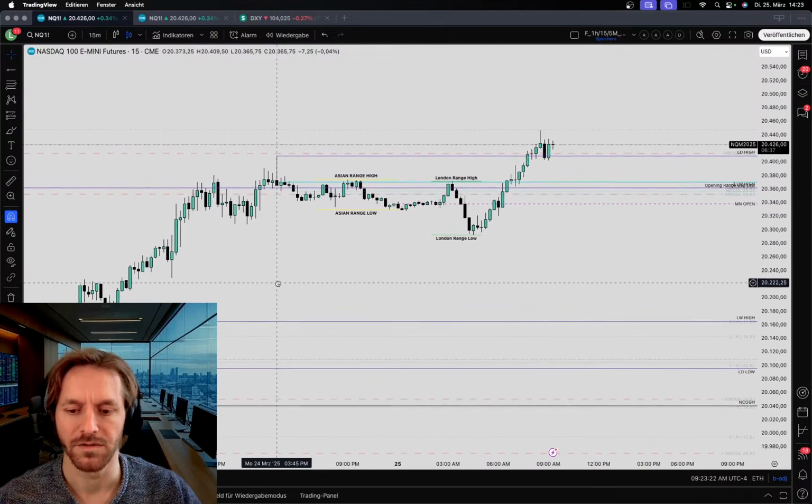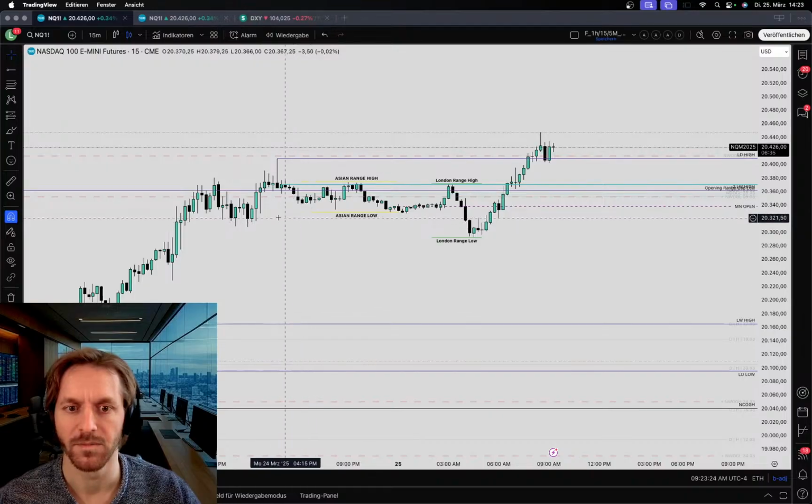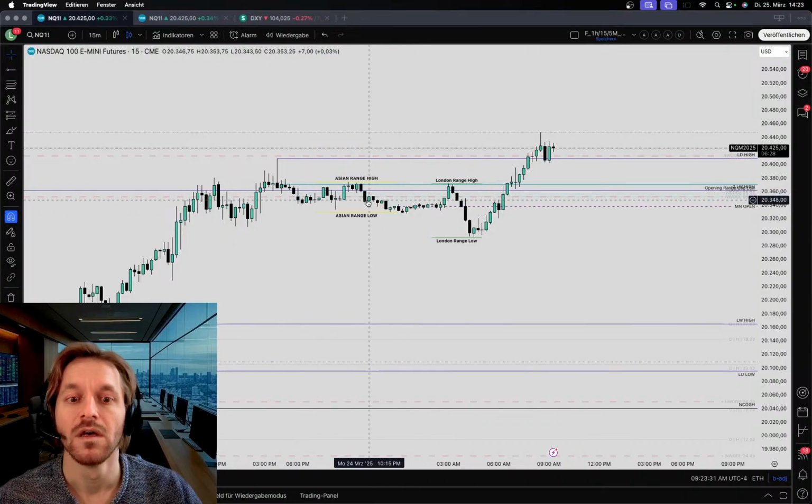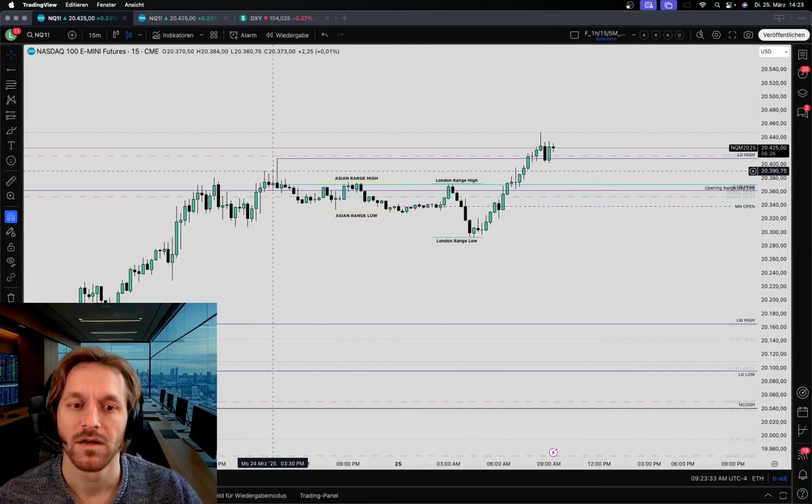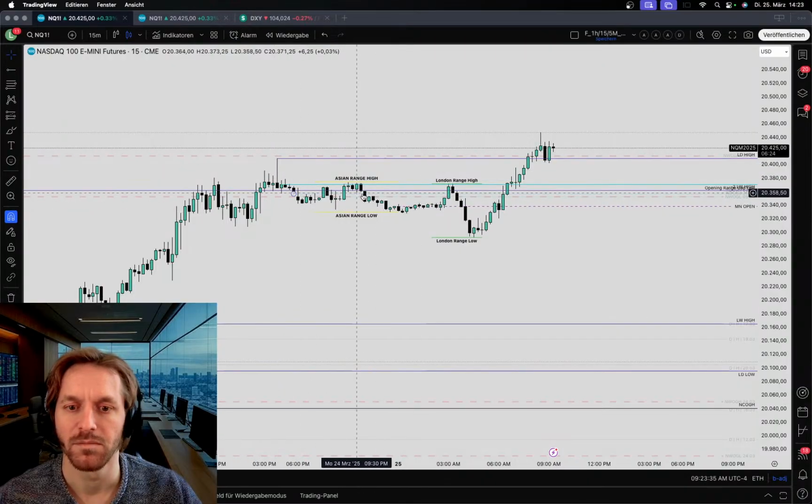So let's look at the 15-minute chart. We had a long consolidation today, some minor ones and one big one, the consolidation within this dealing range here.